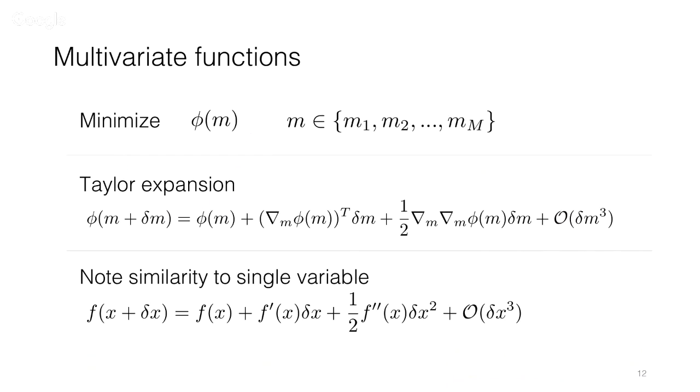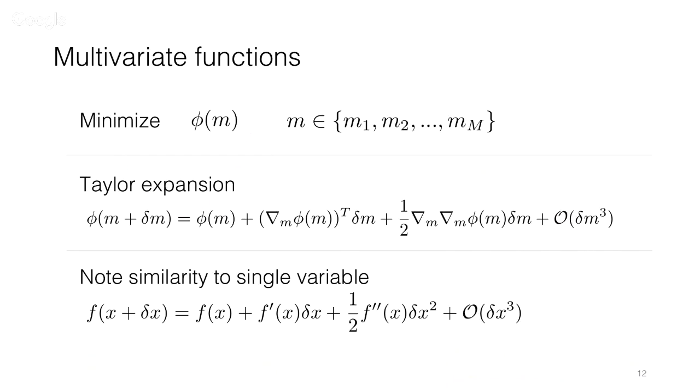So if we're at the solution, we look for phi, and we're just doing a Taylor expansion: phi plus the gradient times delta plus the second derivative times delta. You can see the similarity here. When we had a single variable, we just had x. Now we've got delta m.